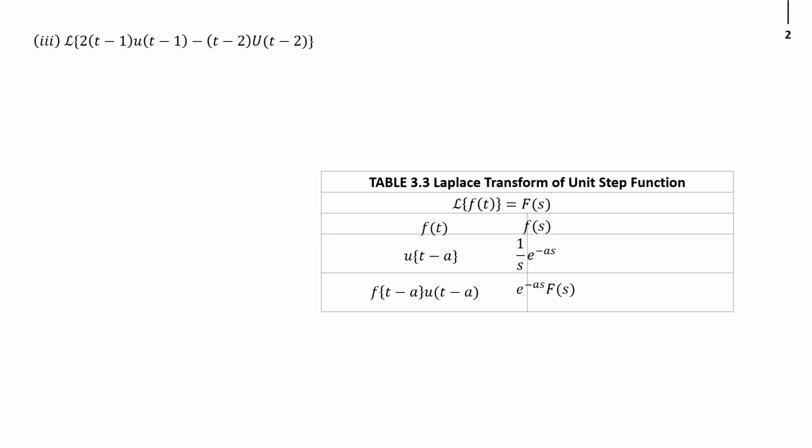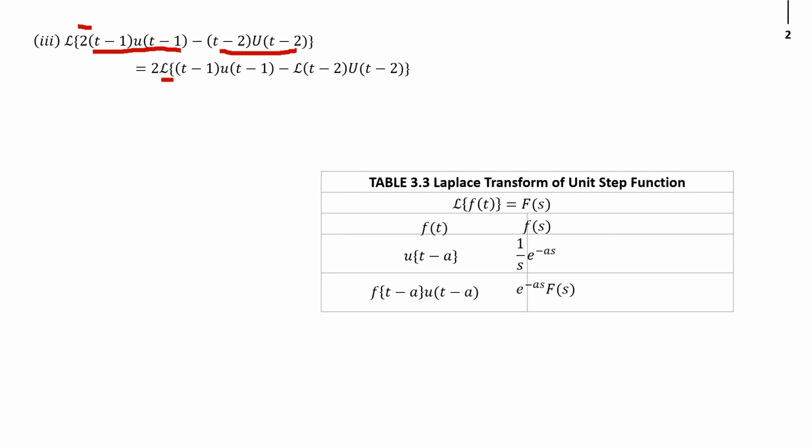Okay, we proceed with another example. Laplace transform of 2u(t minus 1) minus (t minus 2) u(t minus 2). First we can see the 2 here. We can bring the 2 outside and then do the Laplace transformation separately, since there are two components here.